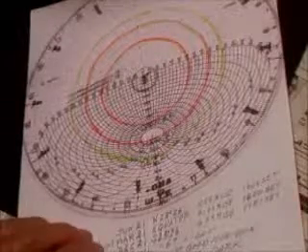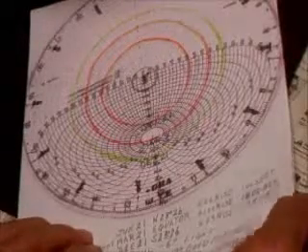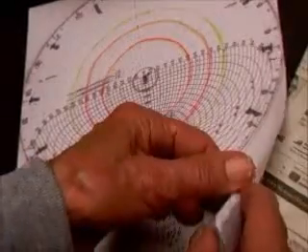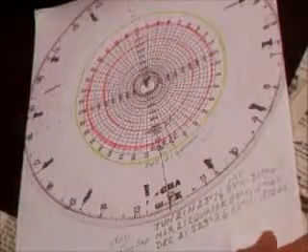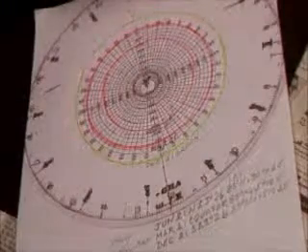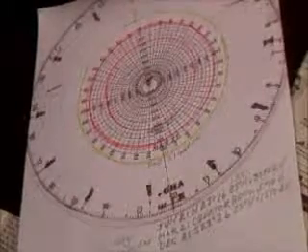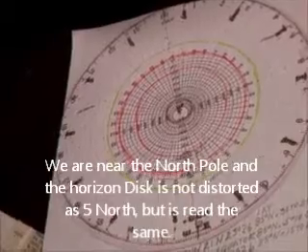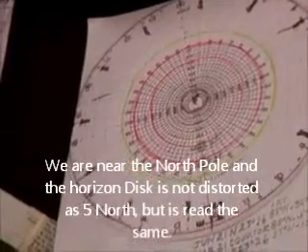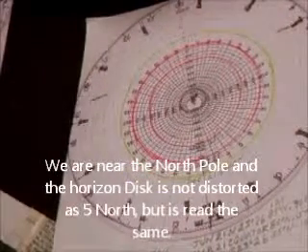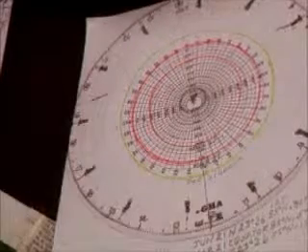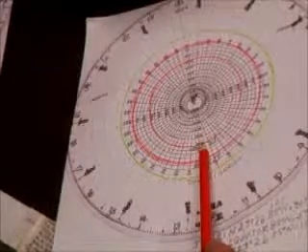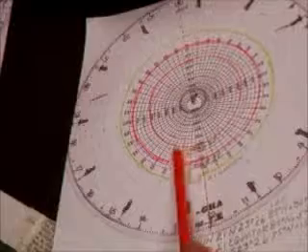Now we have a different situation. If we were at 85 degrees near the pole, this is how the sun would work. Here again we've got the sun in the summertime. She's above the horizon.